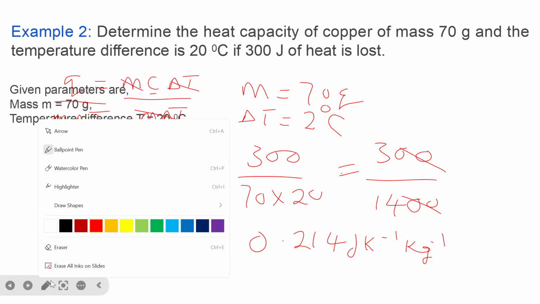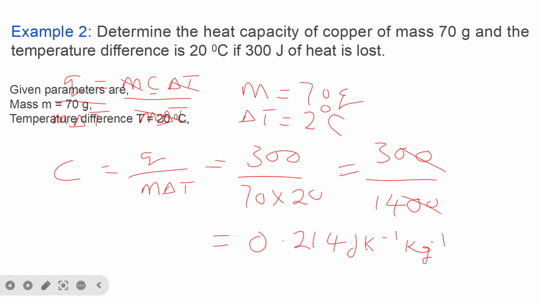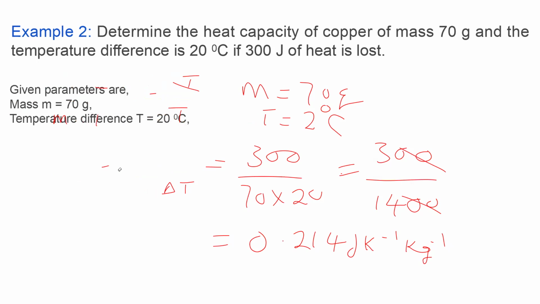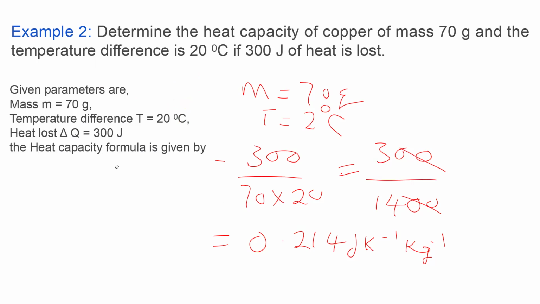I already solved it, but let me show you from what I have here. So we have the Q as 300. The formula, we have MC delta theta.